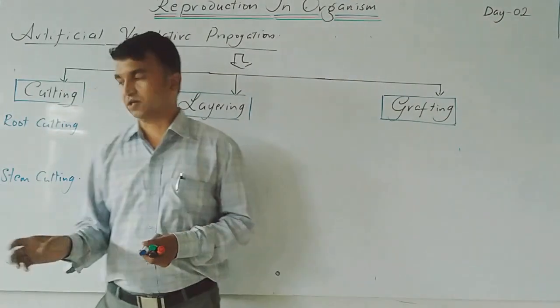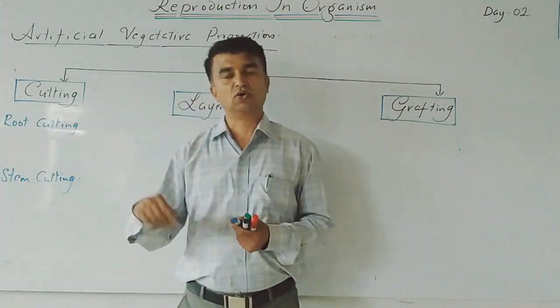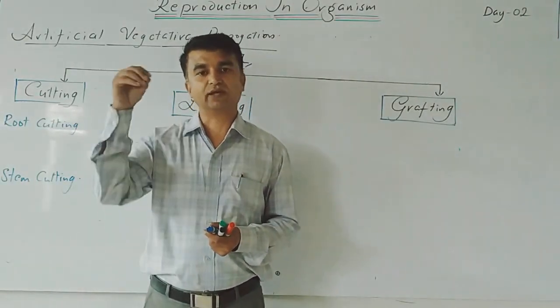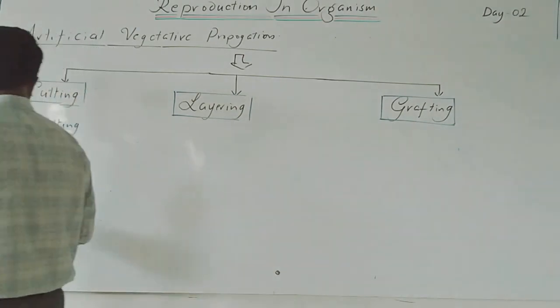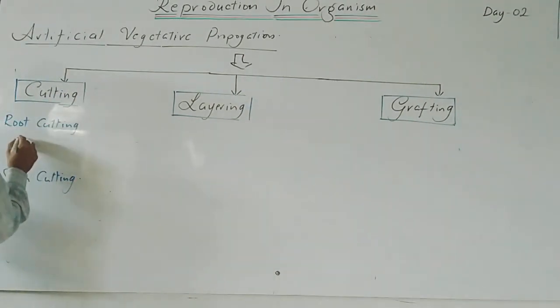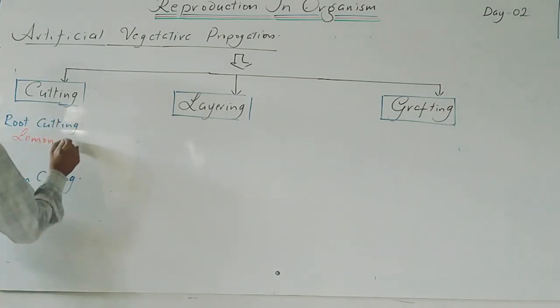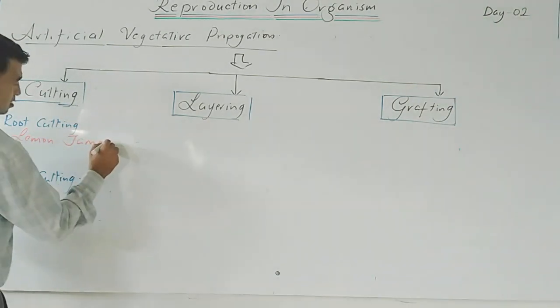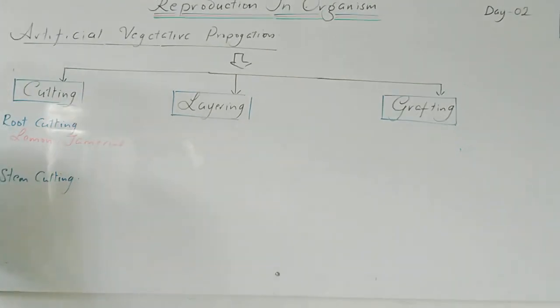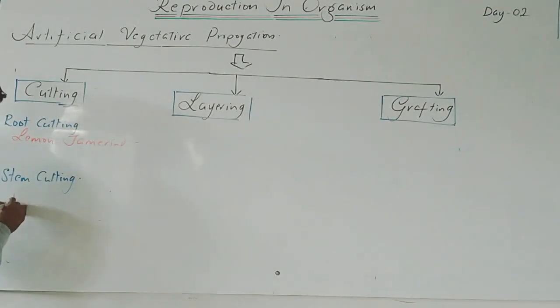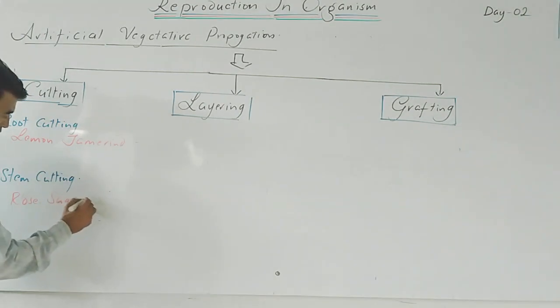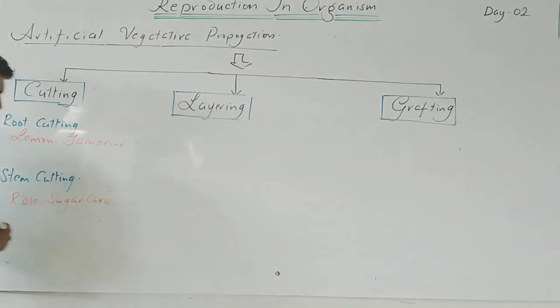Wherever the vegetative buds are there, on the roots or the stems, they cut and bury them. For example, root cutting: lemon, tamarind. Clear? For the stem cutting: rose plant, sugarcane.